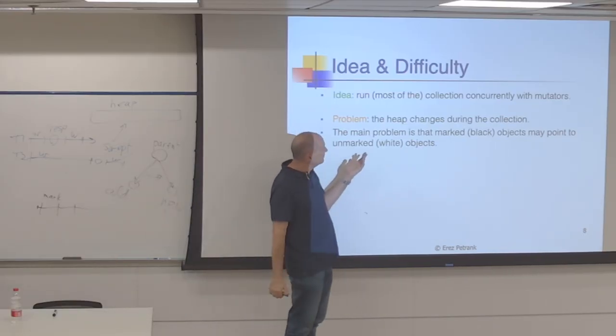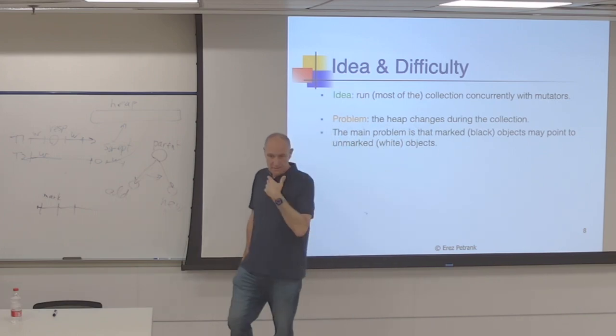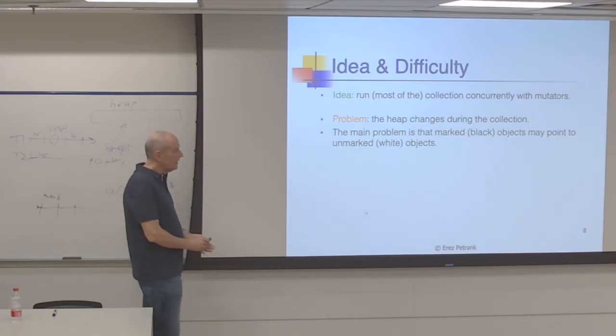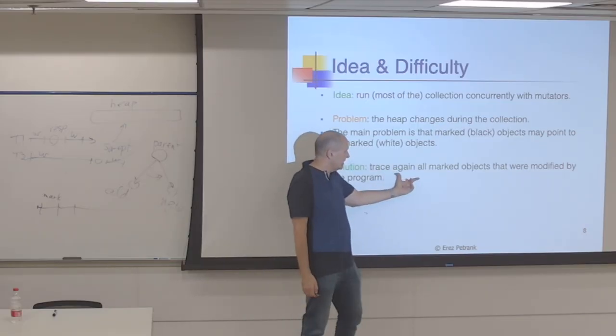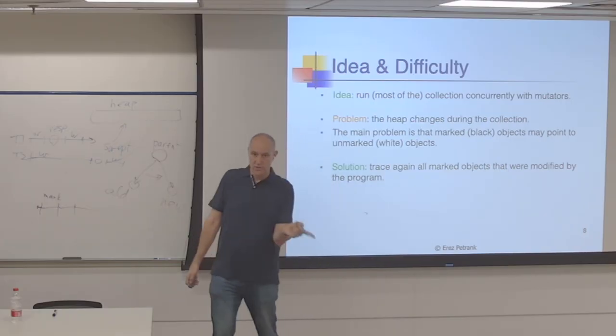So we start by running the collection concurrently with the mutators, but we have to know if we missed something. The way to do it here is to trace again from all the objects that we traced but were changed.